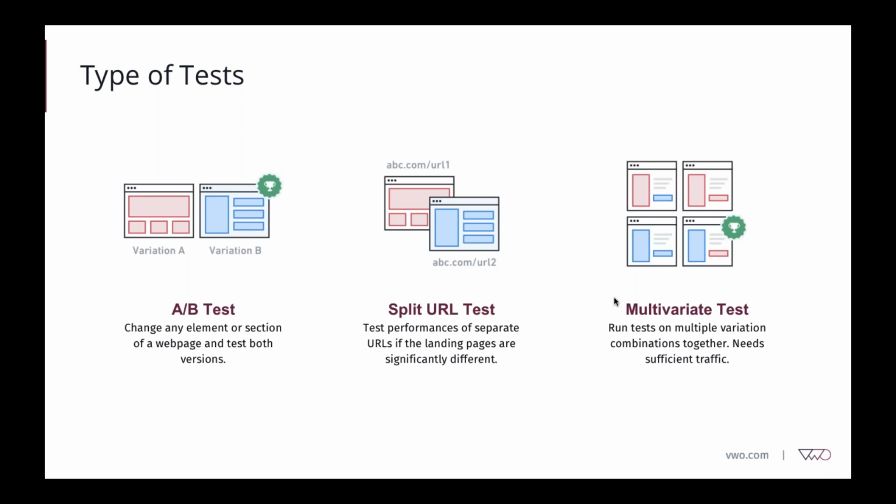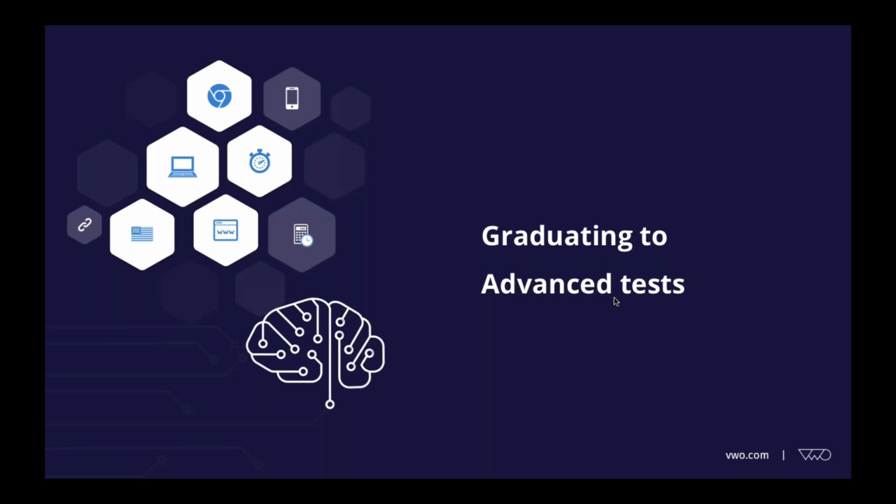The third one is the multivariate test, or popularly called as MVT, for testing multiple elements on a page to know how they interact with each other and basically to find out the best arrangement or the best combination. Typically, for running MVTs, you need sufficient amount of traffic on your website, as you are going to be testing multiple different combinations.